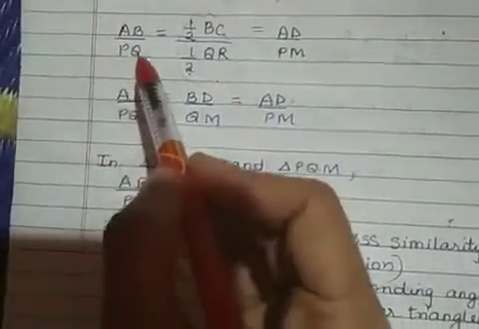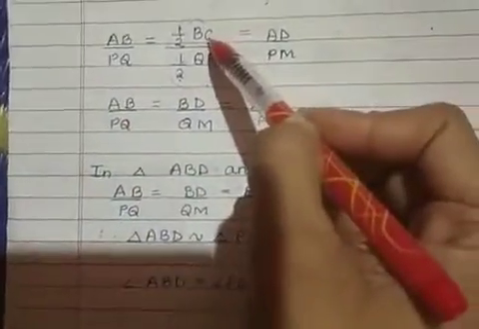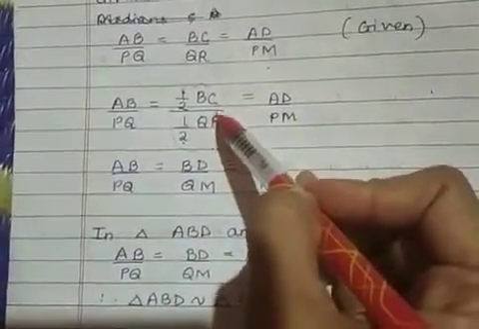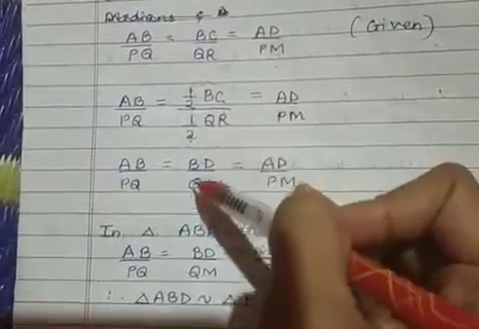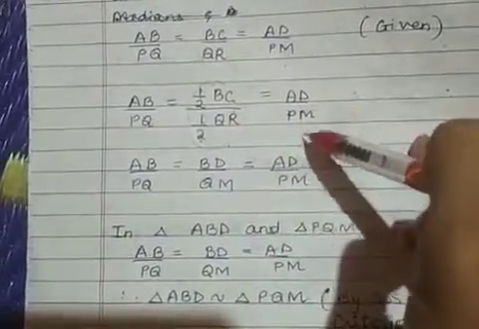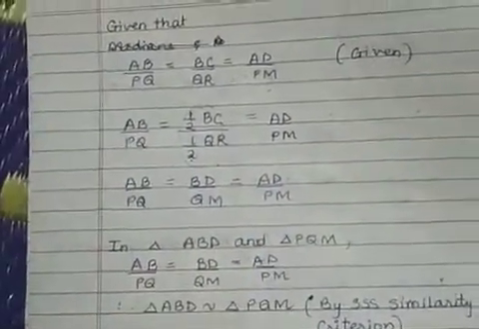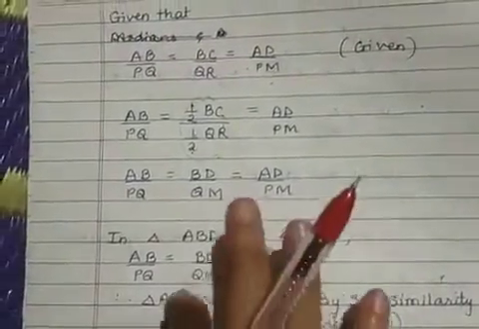So here I have AB upon PQ, and half of BC, which in the previous step we saw is BD, and half of QR is QM, and AD upon PM. So this we have got.